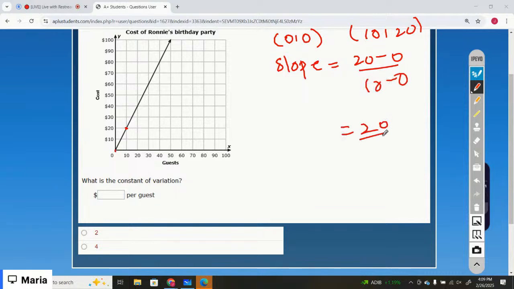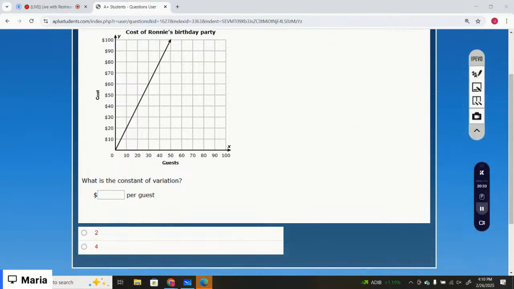That is 20 over 10. That equals 2 over 1. So that means the constant of variation is 2. So the correct option is option number 1.